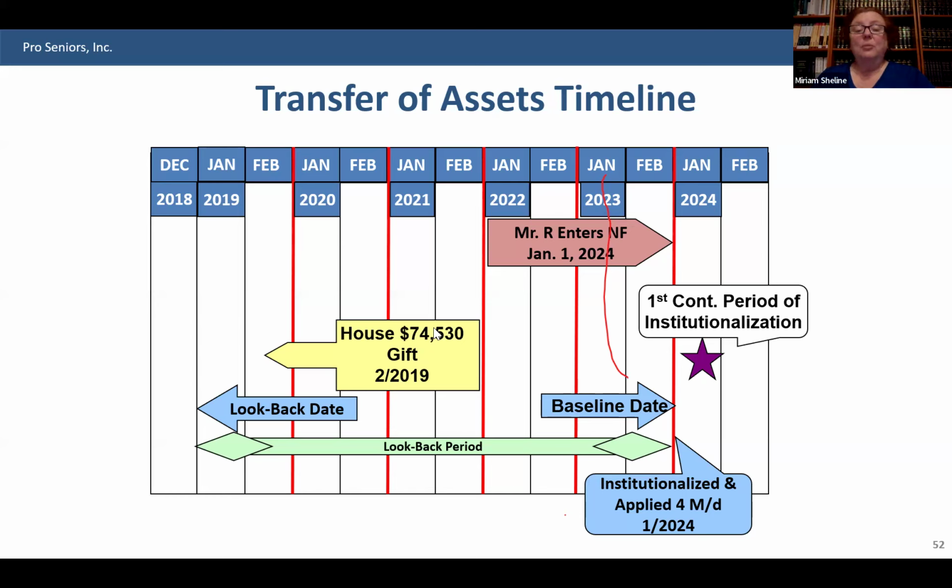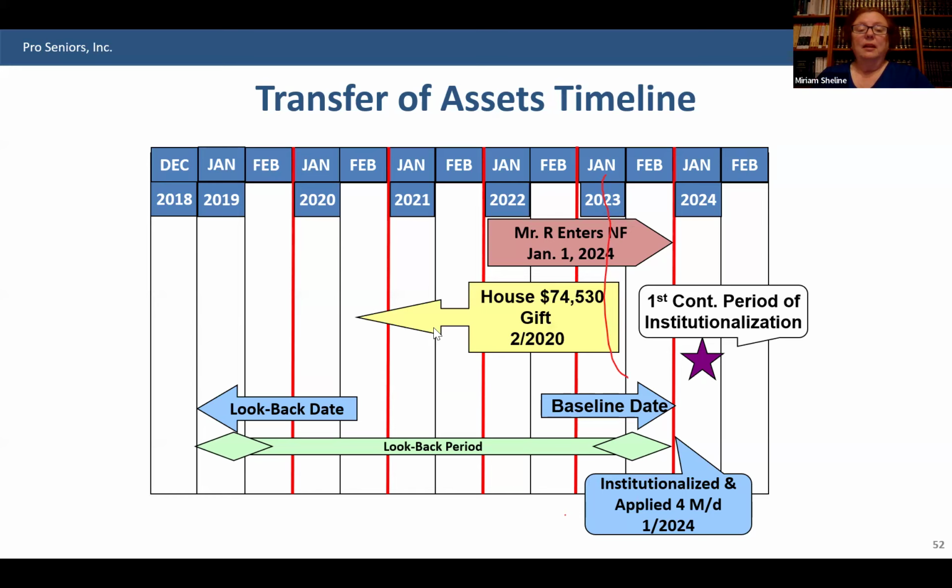Because if we wait until March, the house was transferred before the look back period. What if the house was given away in February of 2020? Well, now you would have to wait till March of 2025 to apply for Medicaid, so we have a large gap versus the penalty period, which is 10 months.